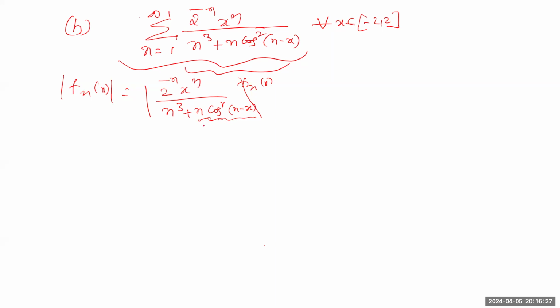Here n cube is there. The entire denominator, I can say, is n cube plus n times cos square of n minus x. Is this greater than n or less than n?